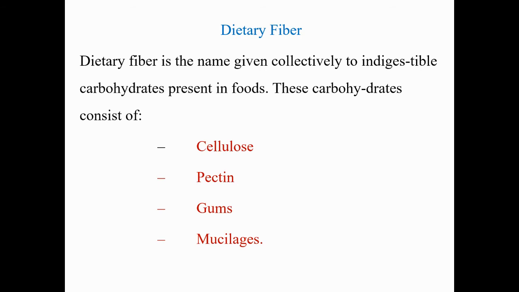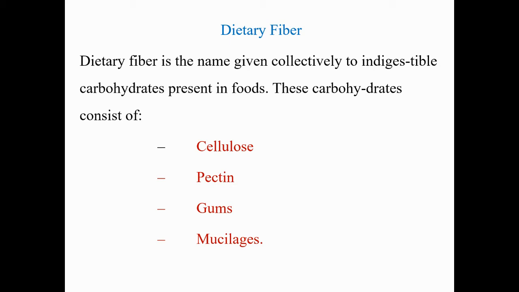So dietary fiber. What is a dietary fiber? As I already said, it is nothing but indigestible carbohydrates which are present in foods. These carbohydrates, the dietary fiber, consist majorly of four things: cellulose, pectin, gums, and mucilages.